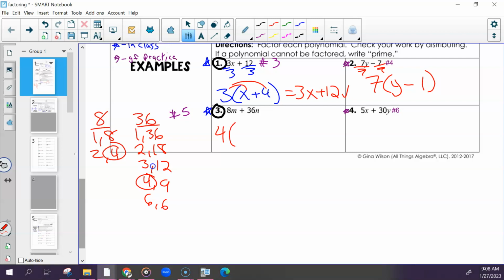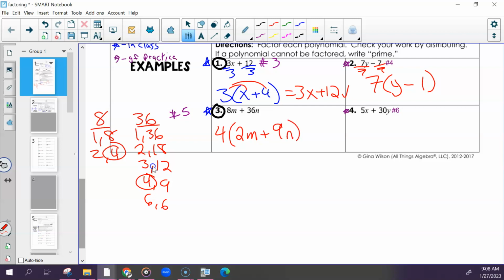So if we divide 4 out of both, what's left? Think about your factors, think about your variables that are still there. 2m plus 9n.